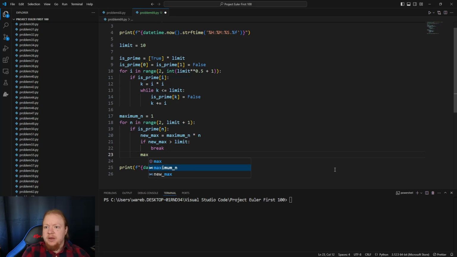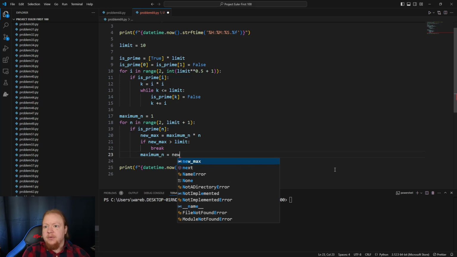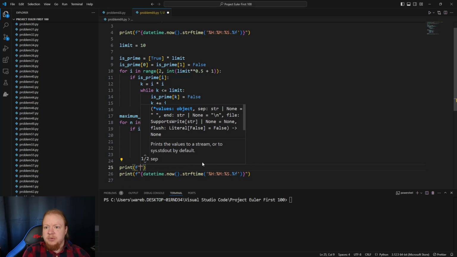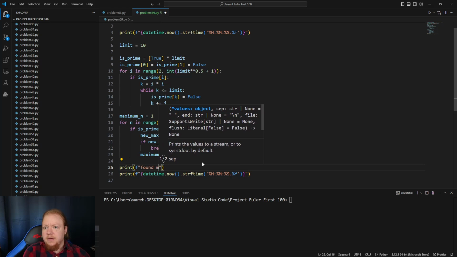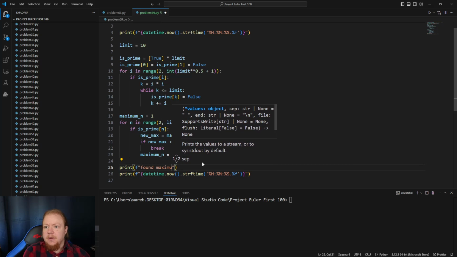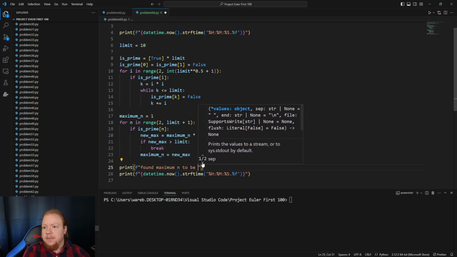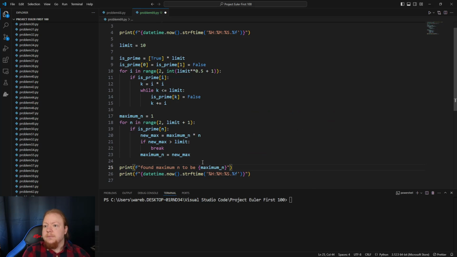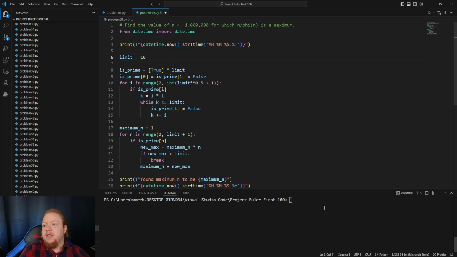Otherwise, maximum n equals the new max. And what we'll do is we will just print it, and for limit of 10, this should just work.